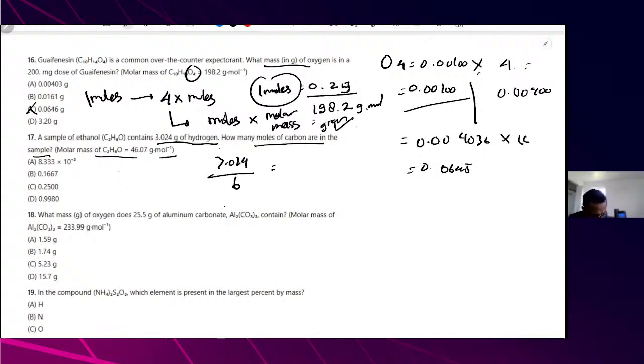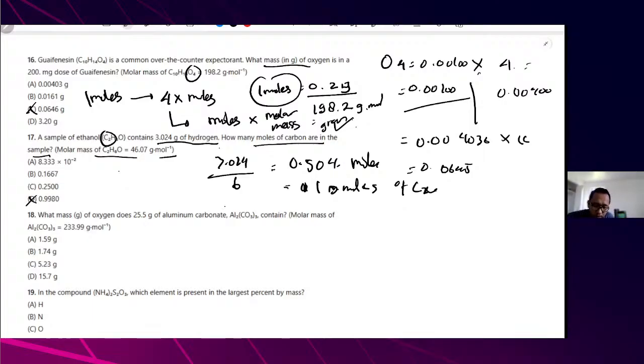Let me think. It's about 0.5004 mole. However, it contains just 2, so almost 1 mole of C2. So it should be C. Yeah, that's good.